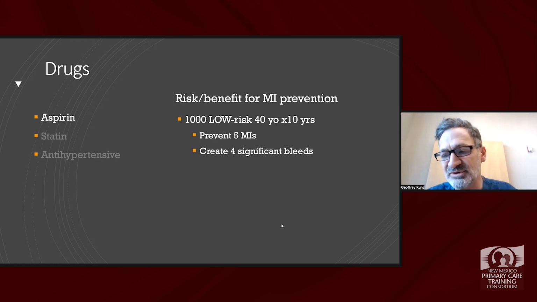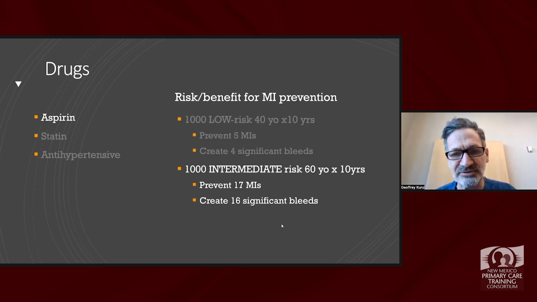Most commonly, these are bleeding ulcers. So overall effect is small because this is a very low risk population. You're asking them to take a daily medicine, and the overall both benefit and harm is small, but the harm is not inconsequential.